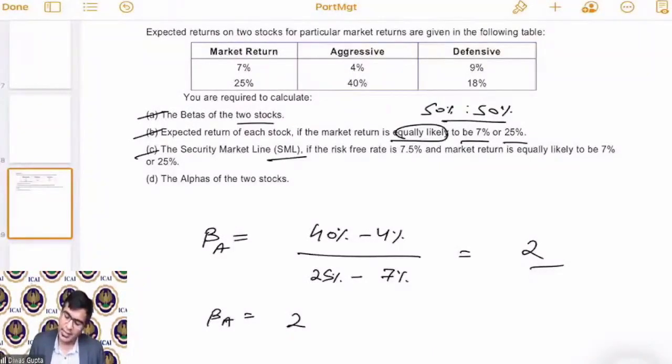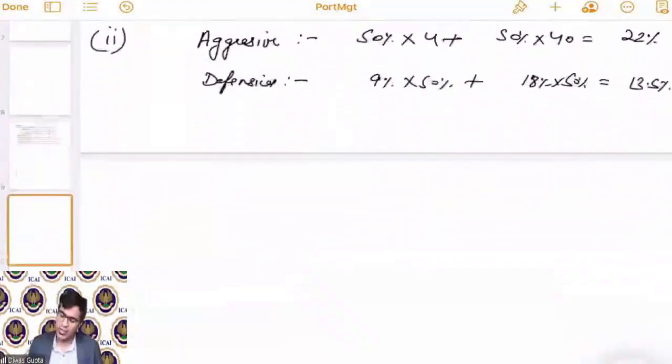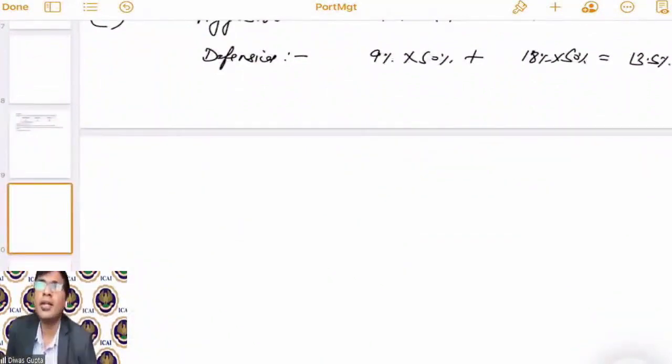Third part, it is asking the securities market line if the risk-free rate is 7.5% and the market return is equally likely to be 7 or 25%. So this is also very simple. Securities market line is what? Nothing but the CAPM equation, right? Capital asset pricing model equation.